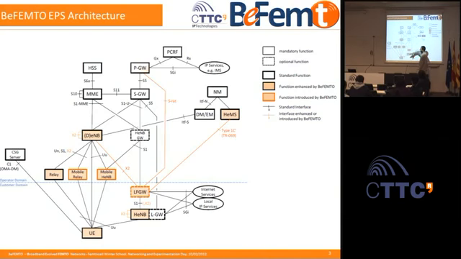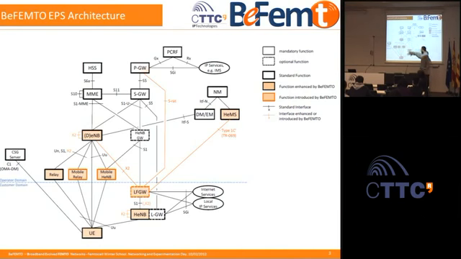The other important thing about this picture is that this is the operator domain. So all these functional entities are managed by the operator. And the main difference with this one is that this entity has, as you will see, certain additional functionalities traditionally assigned to the core, and part of them are moved to the customer domain.